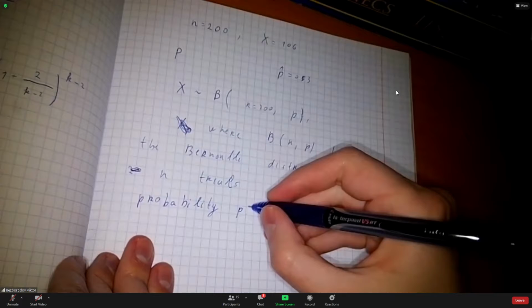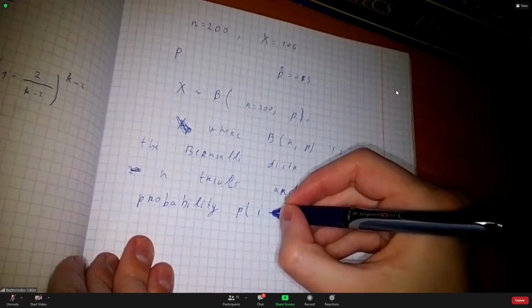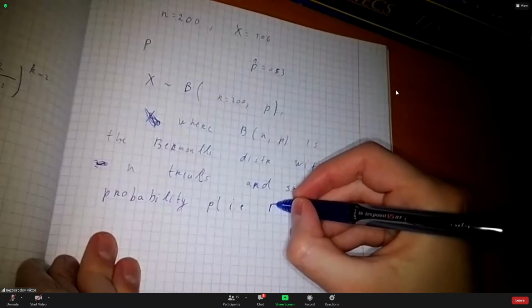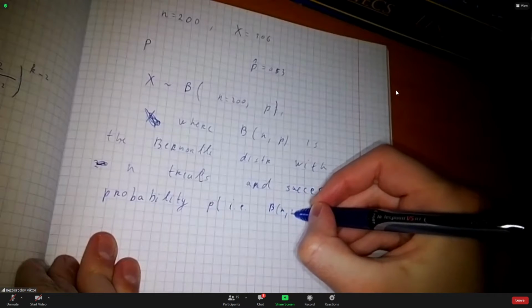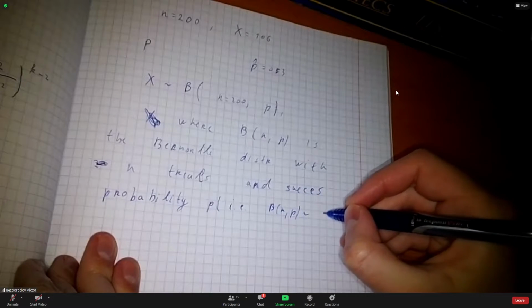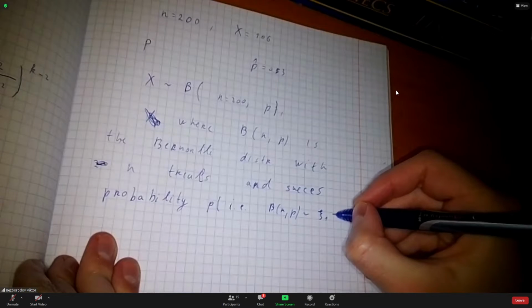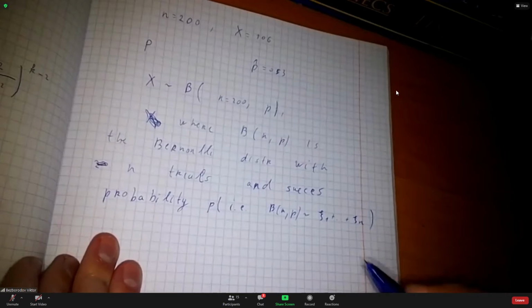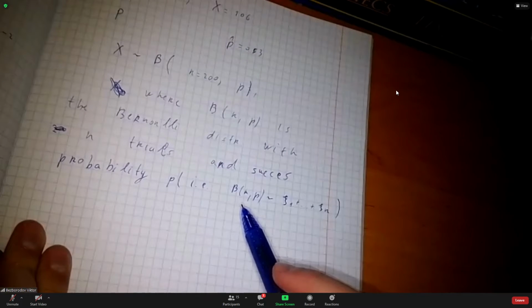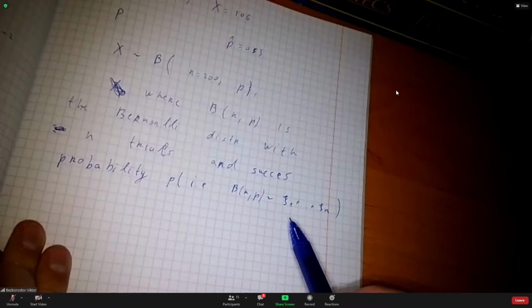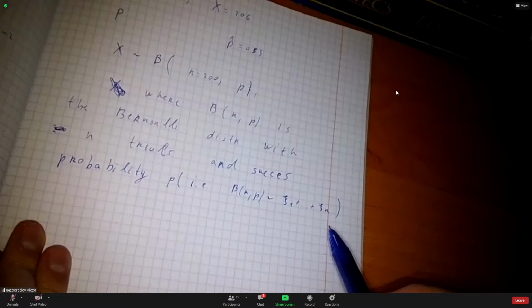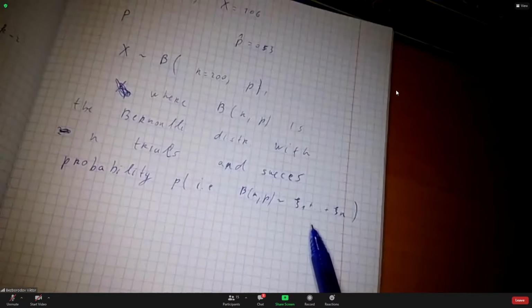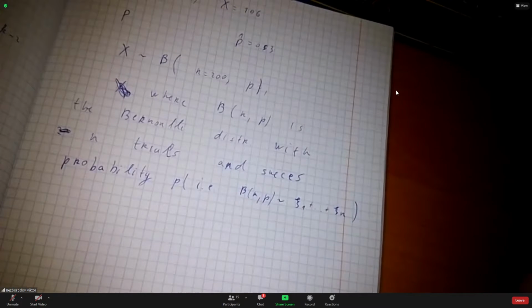This is just a reminder. Remember, the binomial distribution is the sum of n independent random variables, so n independent coin tosses, each having success probability p.